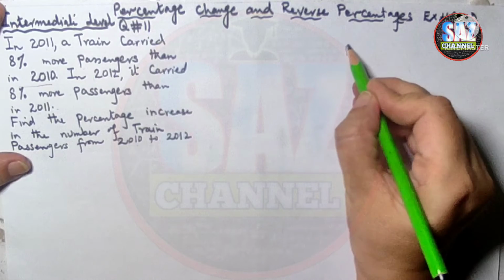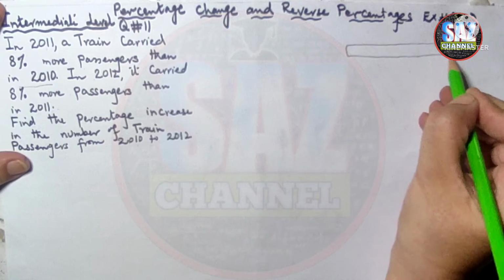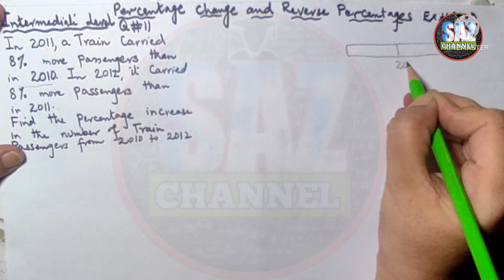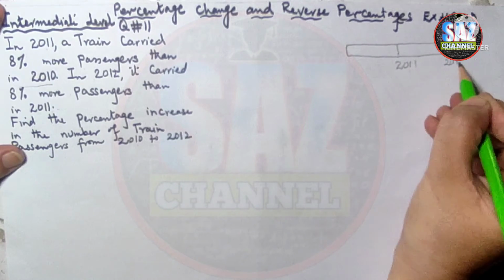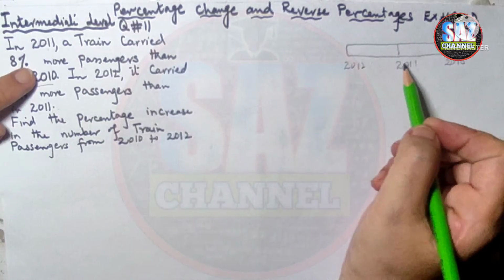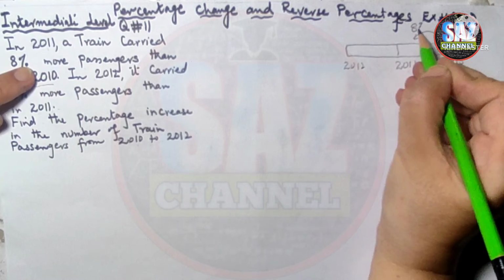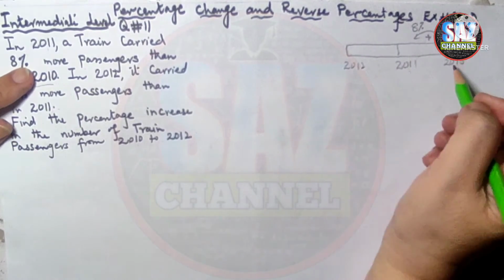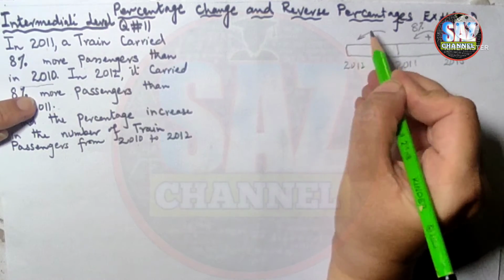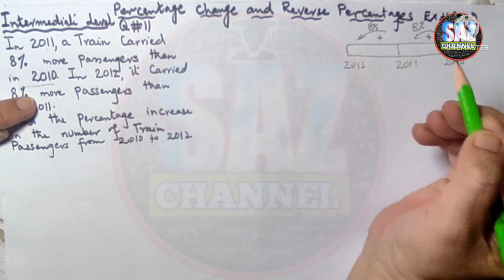Let's try to understand the question through a diagram. Let's apply the CPA approach. This is 2010, 2011 and 2012. The question says in 2011 the train is carrying 8% more passengers than in 2010, and in 2012 again 8% more passengers than in 2011.